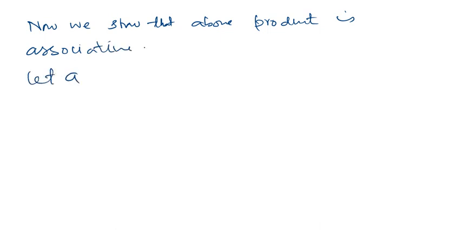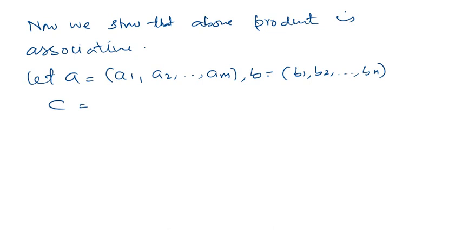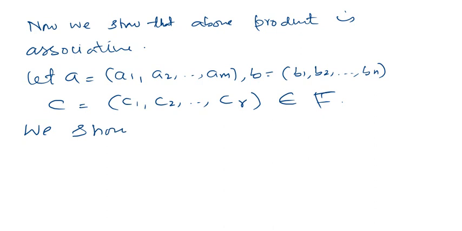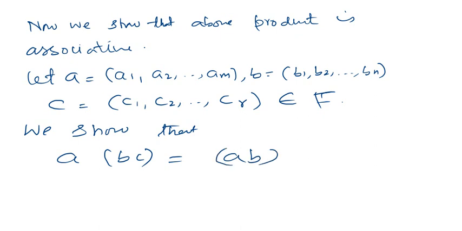Let A equal to A1 A2 ... AM, B equals to B1 B2 ... Bn, and C equals to C1 C2 ... Cr belongs to F. Okay, so we show that (AB)C is equal to A(BC).